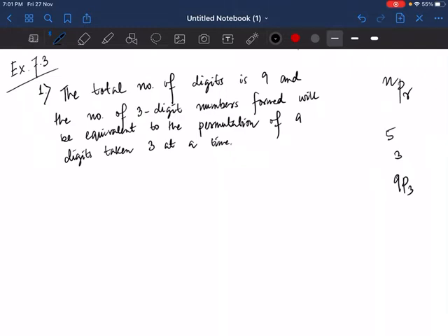So this is my required thing. The permutation of 9 digits taken 3 at a time, that will be my answer.